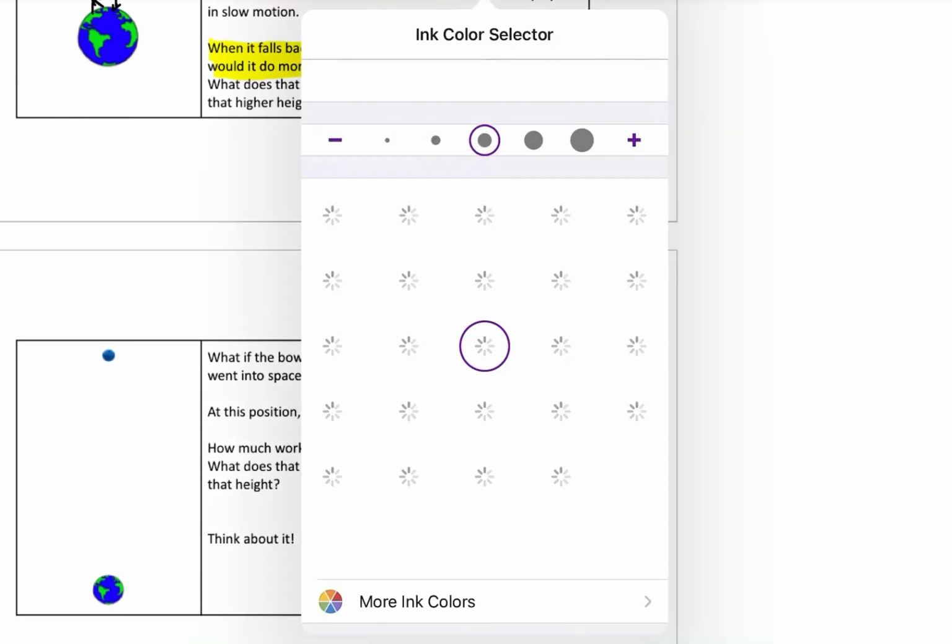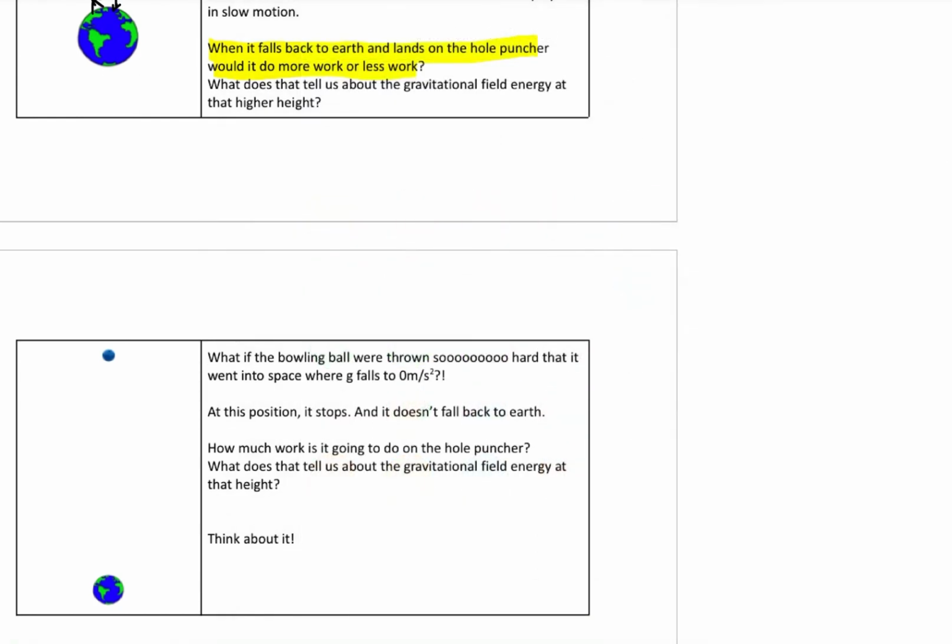Okay, the last one. What if I throw it so far, past the birds, past the International Space Station, past that point where g was 5, past that point where g was 0.5. What if I throw it so far it gets all the way to this point, and it's so far away that the effect of gravity drops to 0. It's so far away that it doesn't even really feel the gravitational influence of Earth. Our hole puncher's down here still. If the acceleration drops to 0, the effect of gravity drops to 0, when it stops, it's not going to start again.